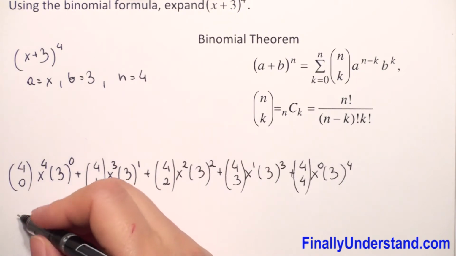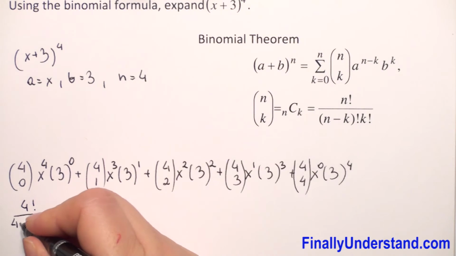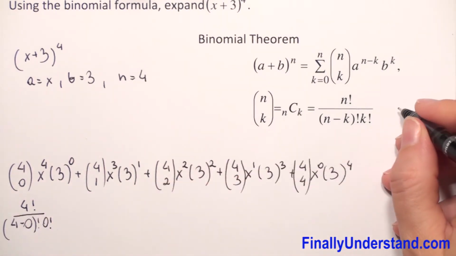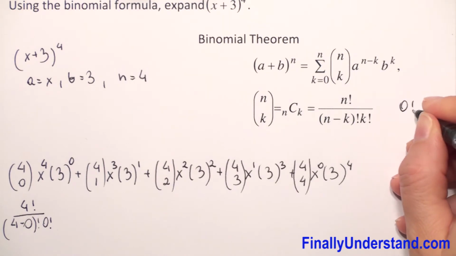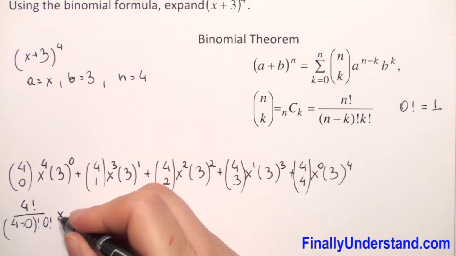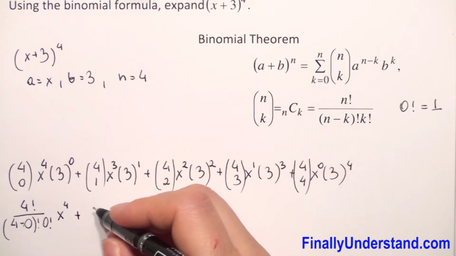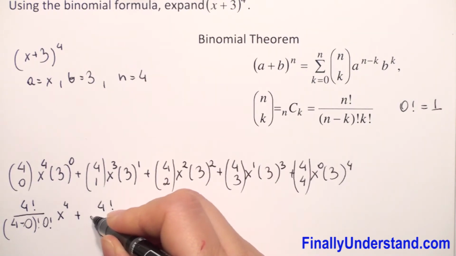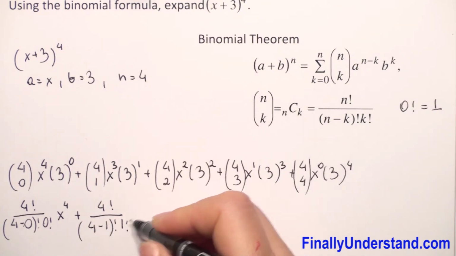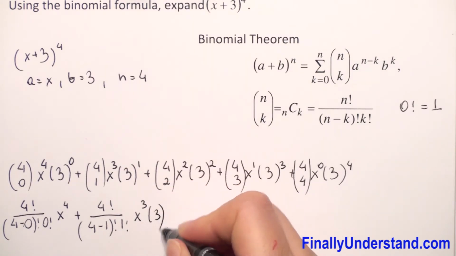So we have 4 factorial, and in the denominator is (4 minus 0) factorial times 0 factorial. We need to memorize that 0 factorial is equal to 1, this is from the definition. And we have x to the 4th power, 3 to the 0 is 1, so we don't have to write it. Plus 4 factorial over (4 minus 1) factorial times 1 factorial, and we have x cubed, 3 to the 1st power, so this is 3.